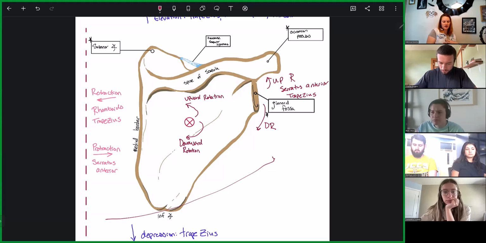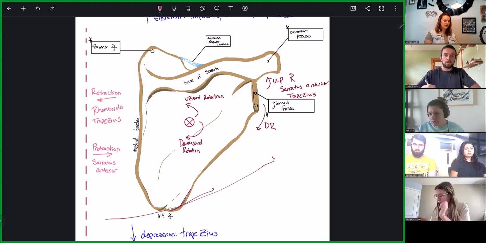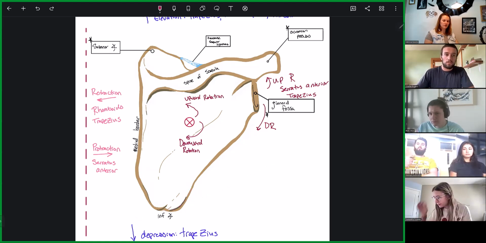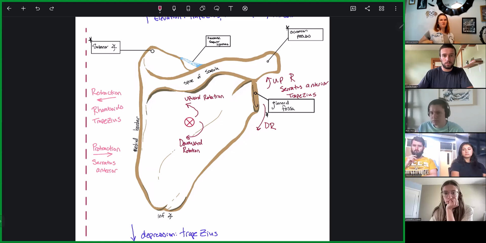And then levator scap, we actually can see sneaking up around the border of the inferior angle of the scapula. Okay, thank you. So it's kind of considered a back muscle, kind of considered a thorax muscle. It's weird to loop into either or, because it's not really the front and it's not really the back. We can see the knife's edge on the front, but the main muscle belly and how it gets innervated is on the back.